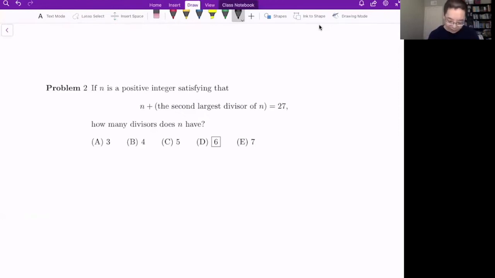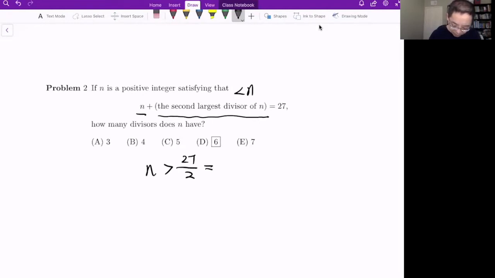The second largest divisor of n is less than n, because the largest divisor is n and the smallest is 1. So n has to be bigger than 27 divided by 2, because it has to be bigger than half of it.